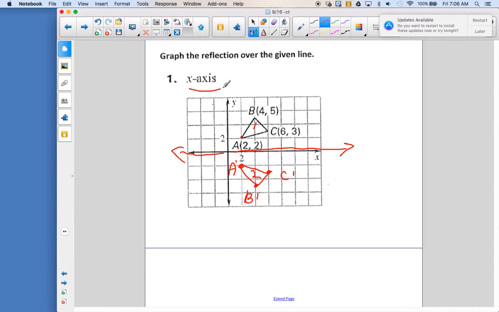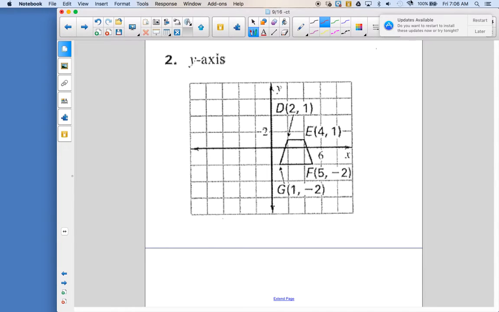Okay, and that is reflecting across the x-axis. Very commonly done. Now let's practice flipping across the y-axis. And the y-axis is always this vertical line right here.